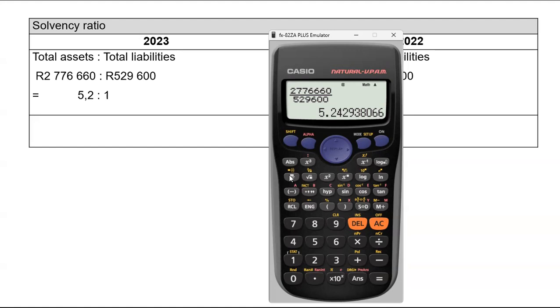We can continue for the foreseeable future based on this, because remember, total assets represent potential economic benefits. Simply things that you own that will help you generate money or any economic benefit for the business.